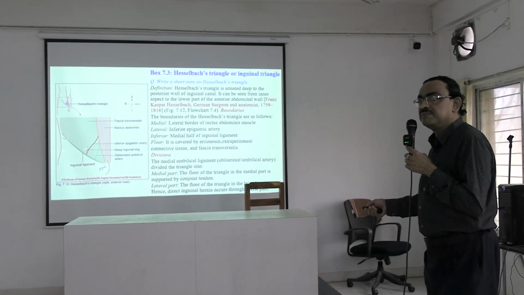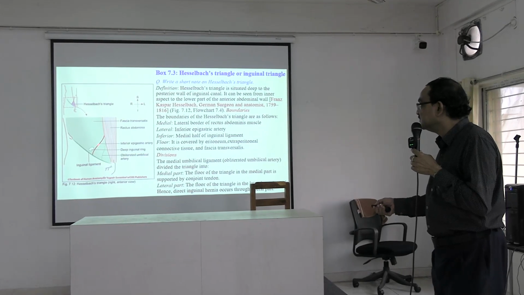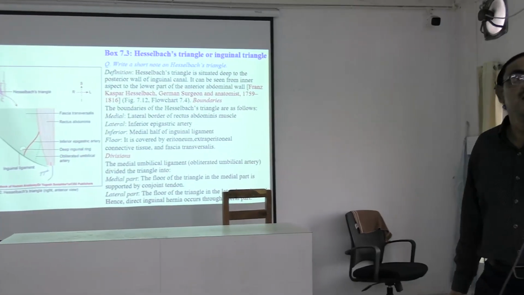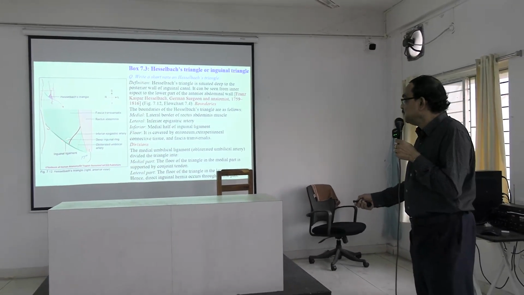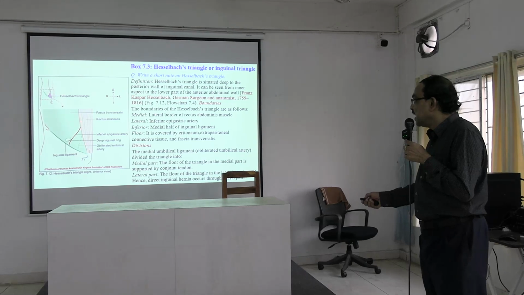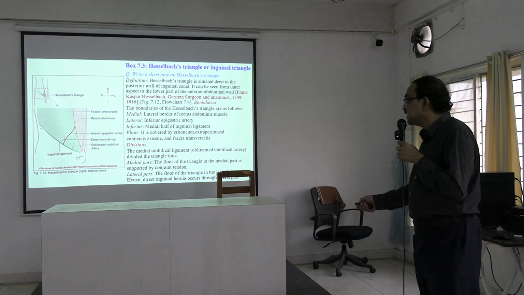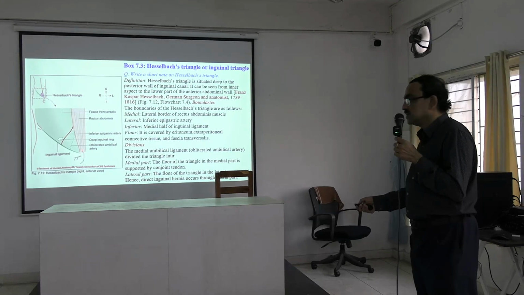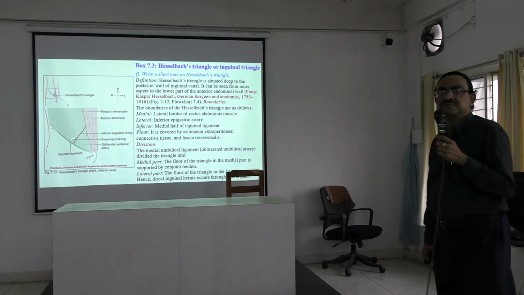deep inguinal ring. And medial to it, we are getting one artery, which is called the inferior epigastric artery. Below, we are getting the medial part of the inguinal ligament, and most medially, we are getting the lateral border of the rectus abdominis. So this forms a triangle.